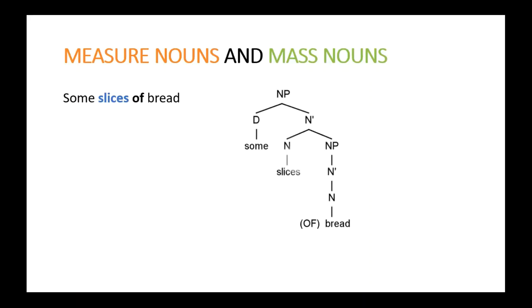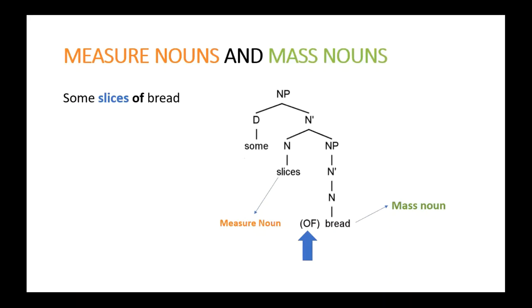Now, in this case, notice that we have a mass noun, and the only way that we're going to be able to count units of this mass noun is through what we might call a measure noun. Okay, so whenever you have a measure noun, you're going to have this structure.